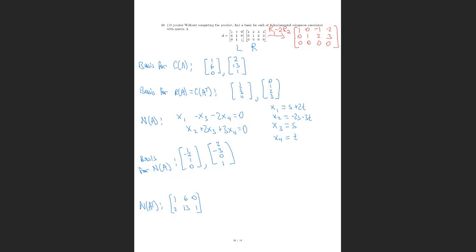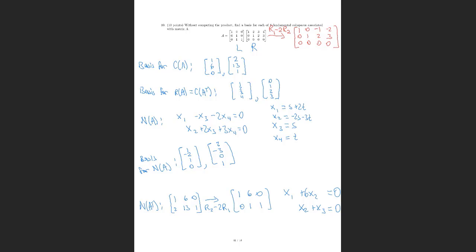So to get the null space, let's just do some row operations real quickly. I guess that's good enough. So that gives us x1 plus 6x2 set equal to 0 for the null space. And then x2 plus x3 equals 0.